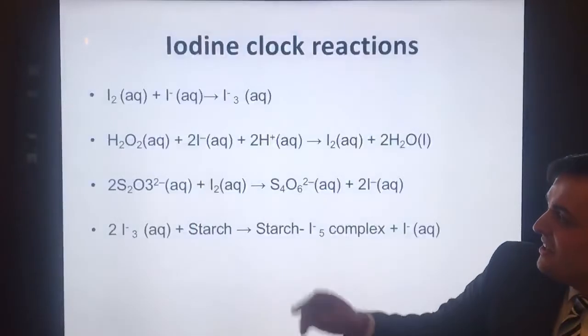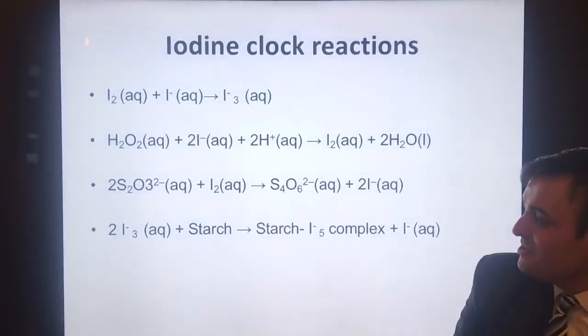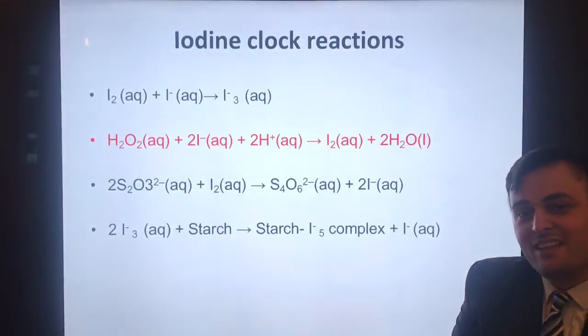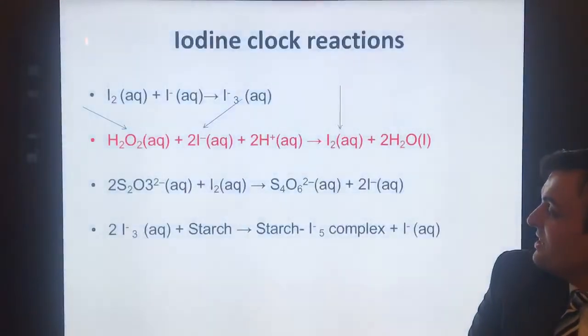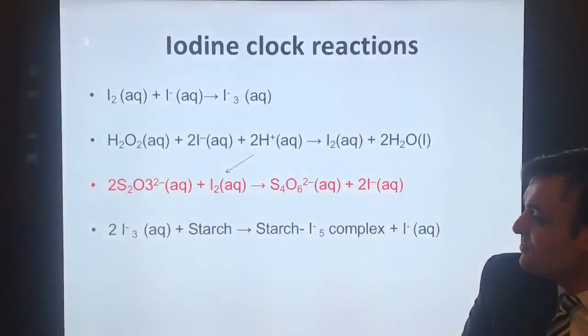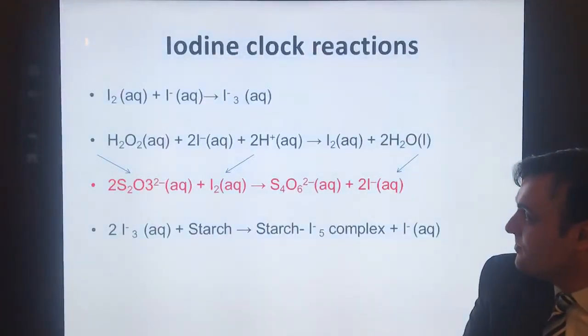Chemically, iodine clock includes 4 different equations. But let's start from the second one, which is the slowest, and because of this, it's the rate determining step. Iodide reacts with hydrogen peroxide to create iodine. As soon as iodine is formed, it reacts with sodium thiosulfate to regenerate iodide ion.